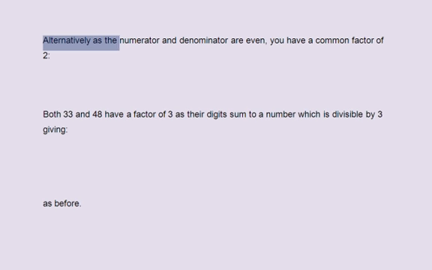Alternatively, as the numerator and denominator are even, you have a common factor of 2. So, 66 divided by 96 equals 2 multiplied by 33 divided by 2 multiplied by 48. You can cancel down the 2s to give 33 divided by 48.